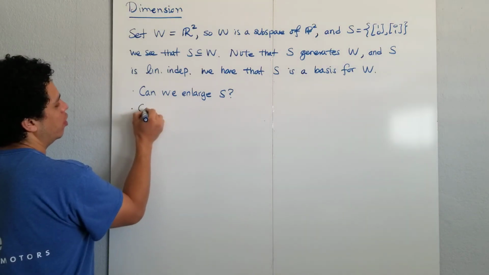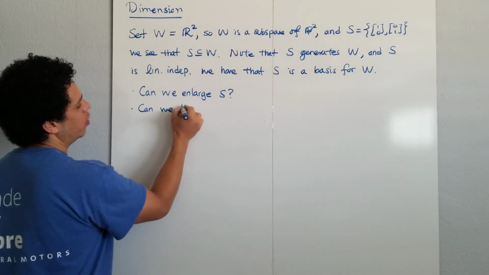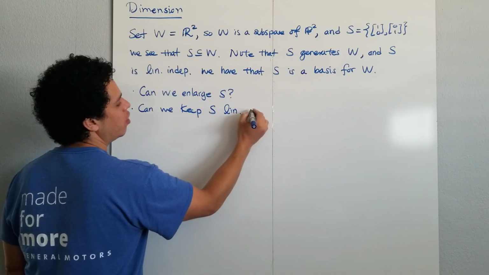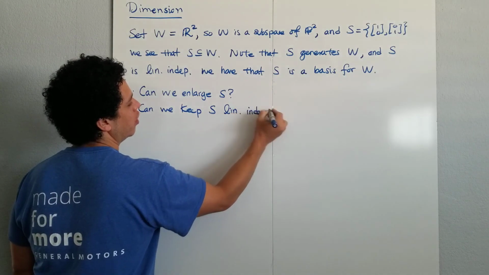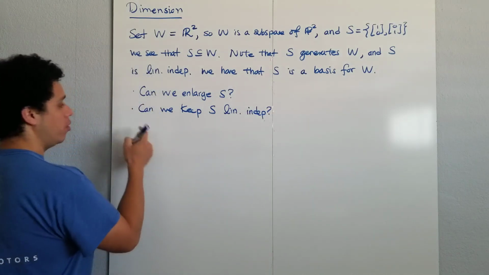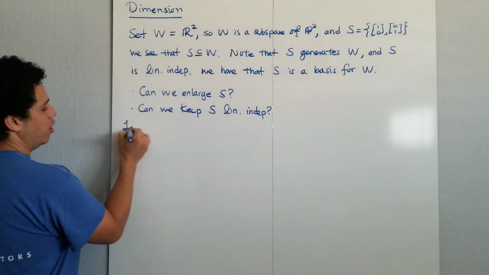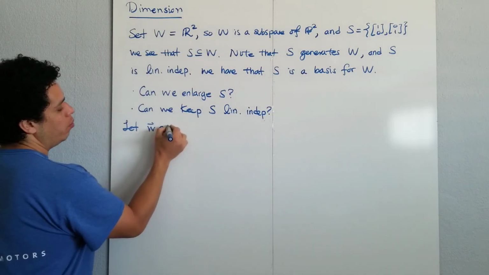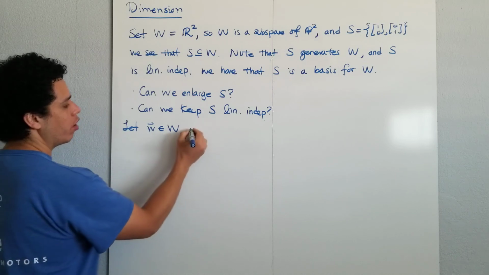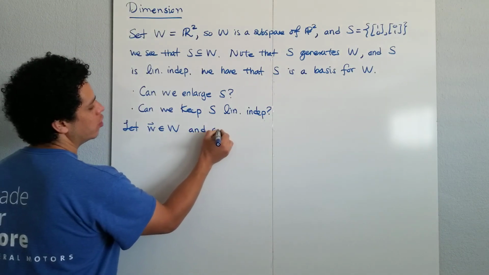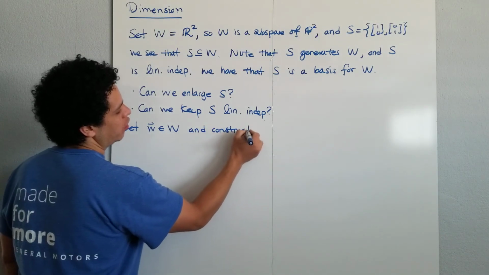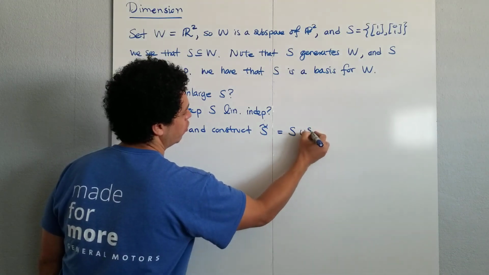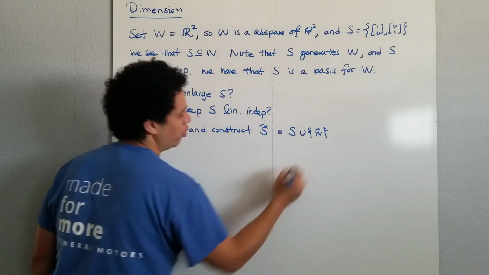So, can we keep S linearly independent? Let's see. To do that, let w be a vector in W and construct the following set S tilde, which consists of S adjoined with this new vector w.